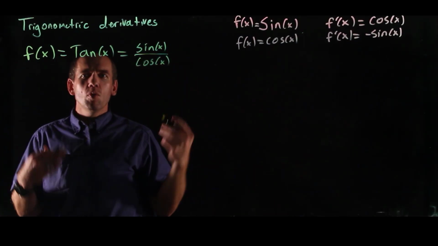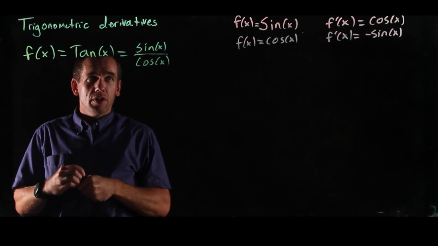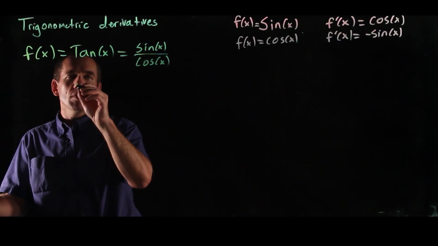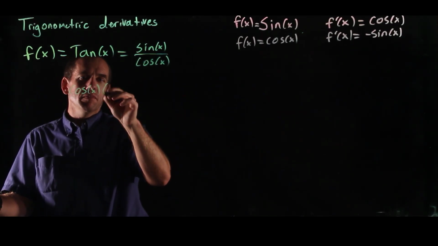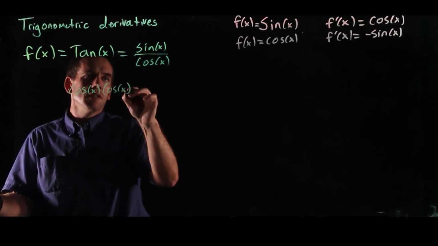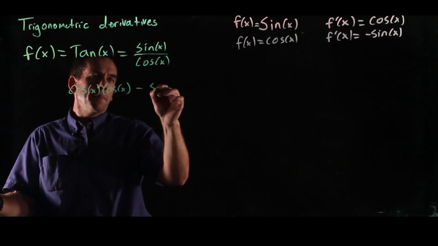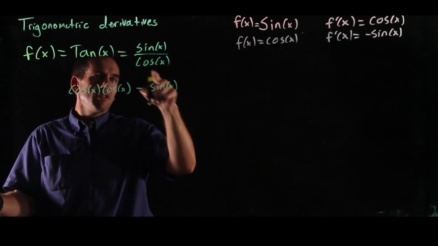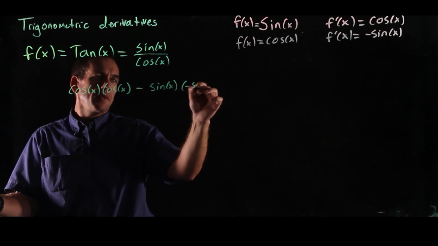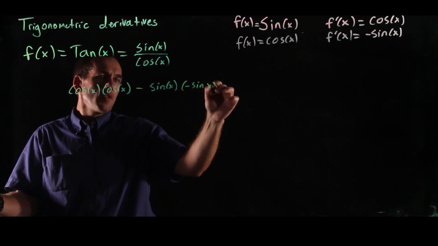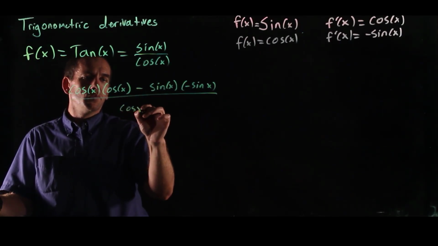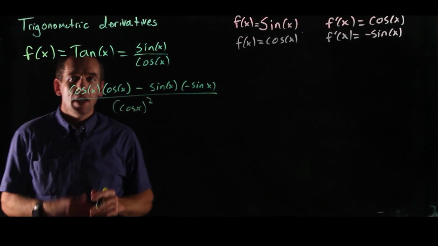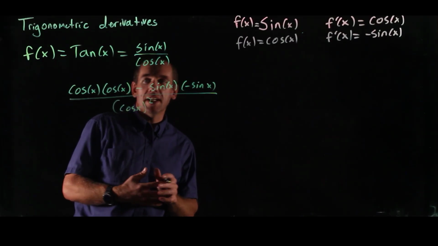Well, now we can just use the quotient rule. The derivative of the top, derivative of sine is cosine, times the bottom, times cosine, minus the top, times the derivative of the bottom, negative sine, all over the bottom squared. And now we just have to use a little bit of our trig identities.